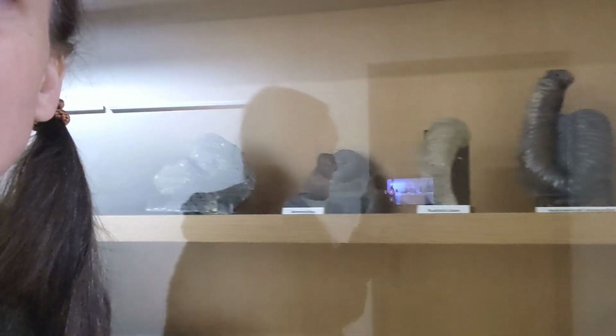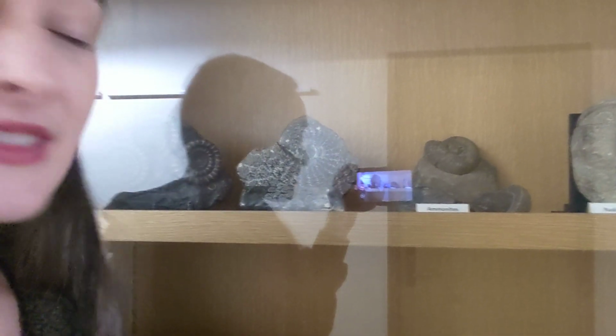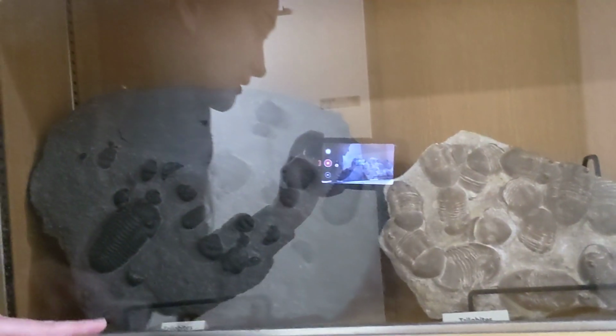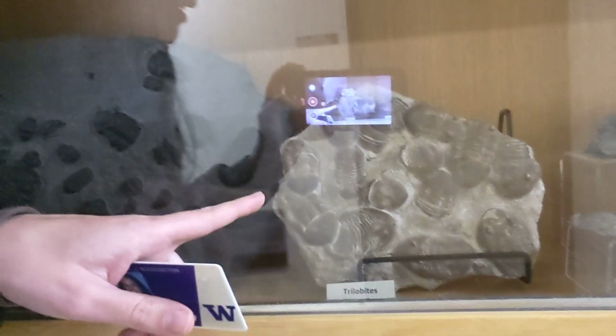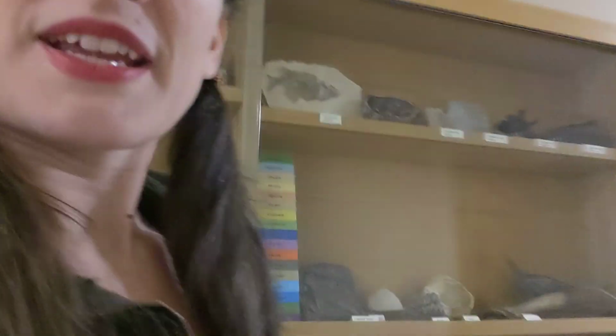And then here's the ammonites I was showing you earlier. Ta-da! Bunch of trilobites. These guys are from the Ordovician, and these guys are from the Devonian. It's kind of cool being at the school by yourself.